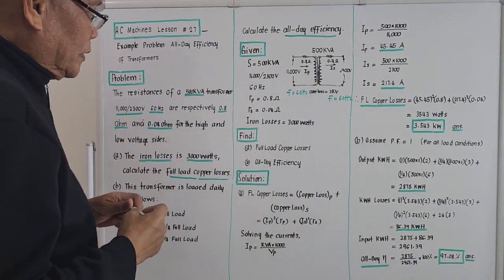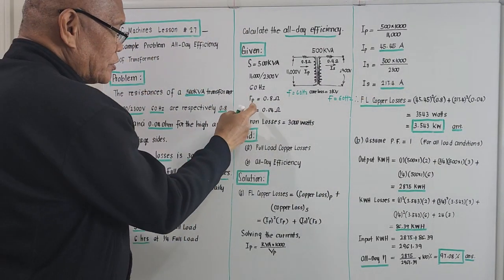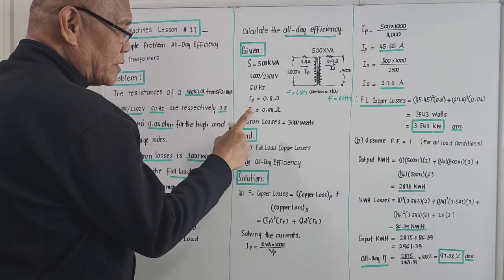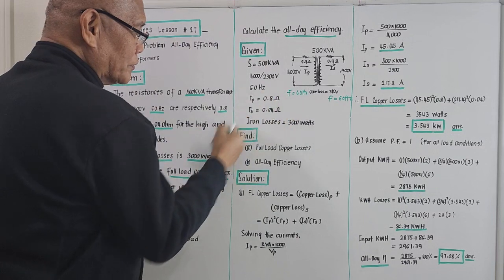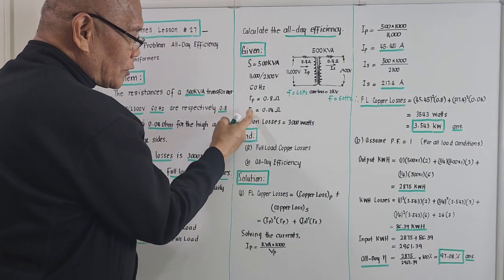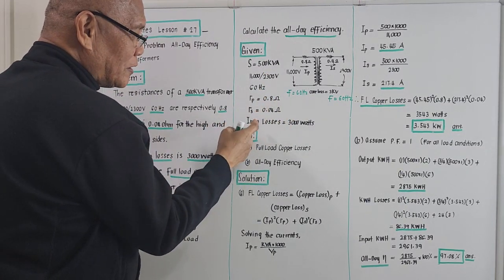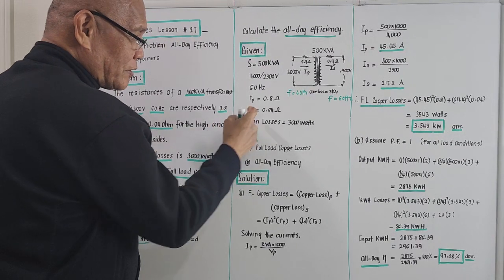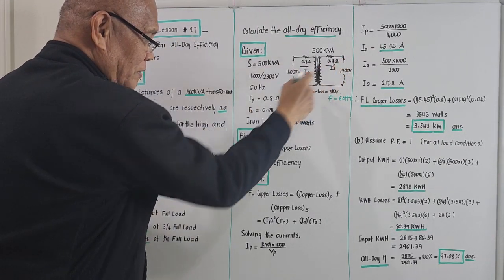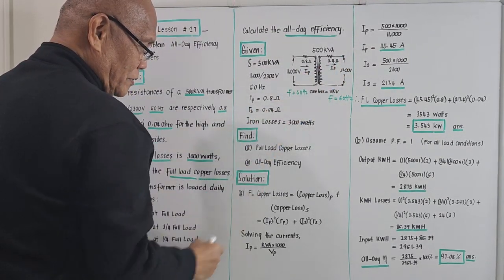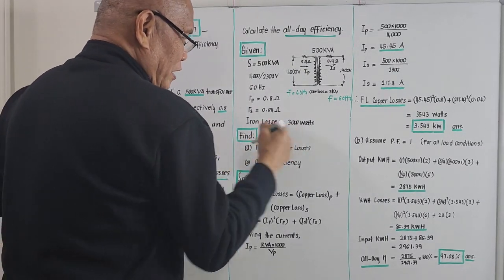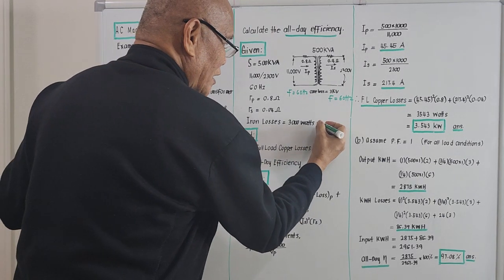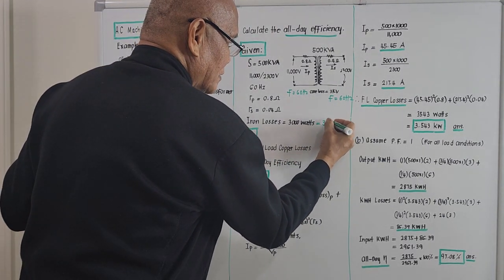Right? Small letter r with the subscript p, meaning the resistance of the windings referred to the primary, is 0.8 ohms. Small letter r with the subscript s is the value of the resistance referred to the secondary. It is 0.04 ohms. The iron losses is 3,000 watts, or if we divide this by 1,000, this is actually 3 kilowatts.